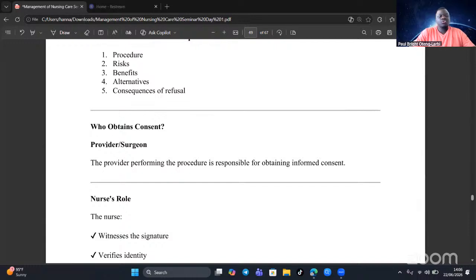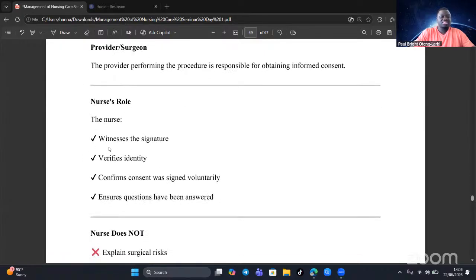It is the doctor or the surgeon or the provider's duty to obtain consent. And it is the role of the nurse to witness the signature, verify identity, confirm consent was signed, and ensure questions have been answered.